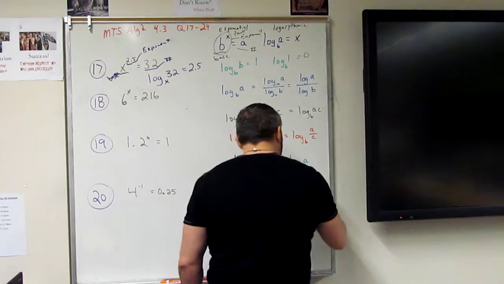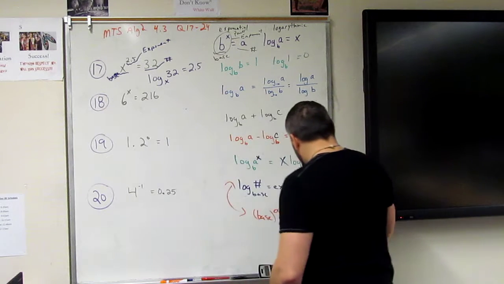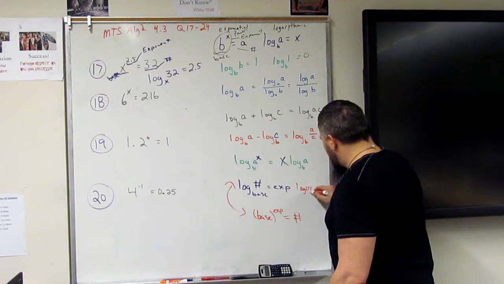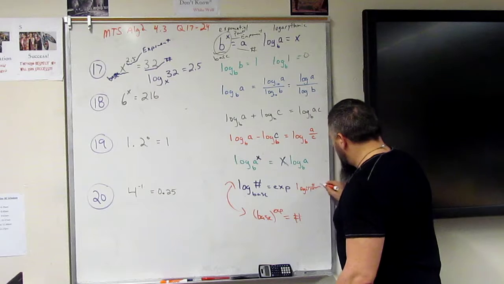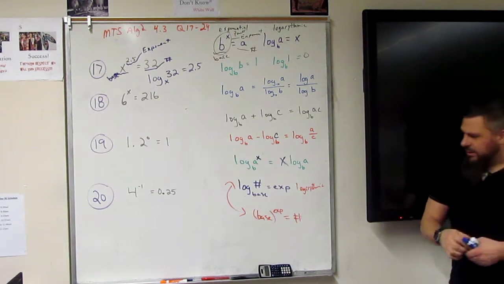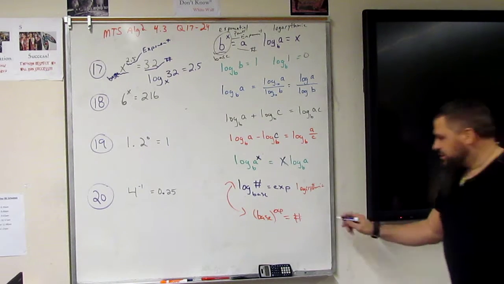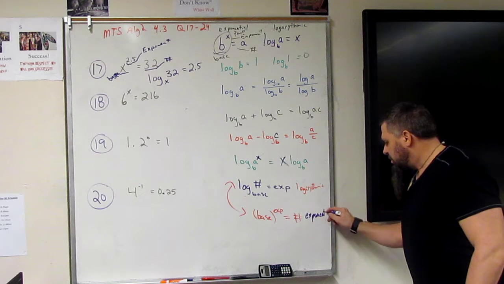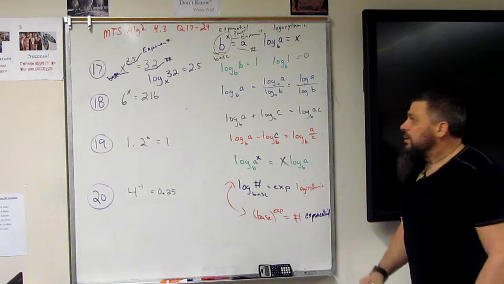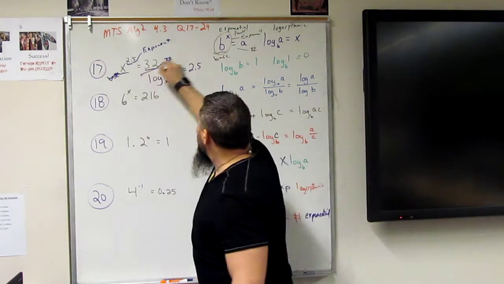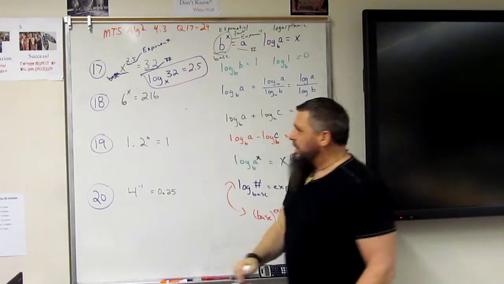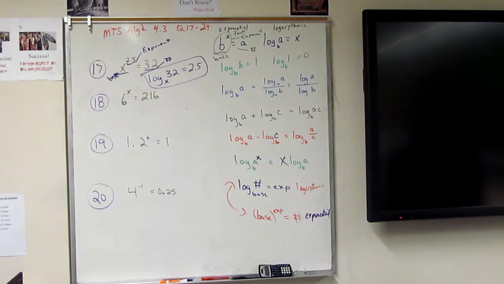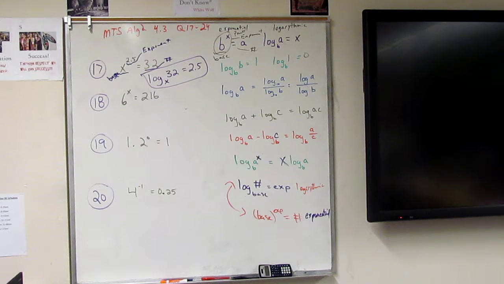So this is logarithmic, and this is exponential. That's the answer, right? The log base x of 32. This is the answer, yes, in the logarithmic form. That's all they're asking you to do is write it in logarithmic form.